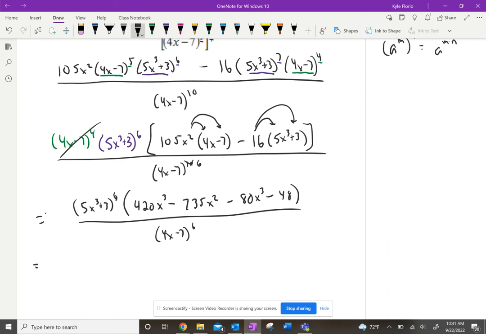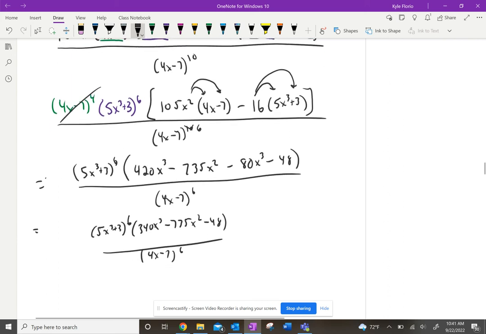Let me just check my answer key. Yes, yes, yes. Okay, my mental math isn't so bad. And then I have 420 x cubed minus 80 x cubed, which is going to be 340 x cubed. Minus 735 x squared minus 48. The 5x cubed plus 3 to the 6 is still there. And the 4x minus 7 to the 6 is there. And that's it.